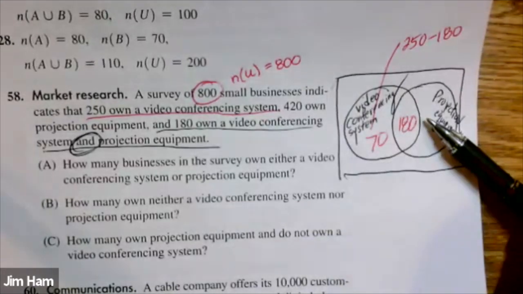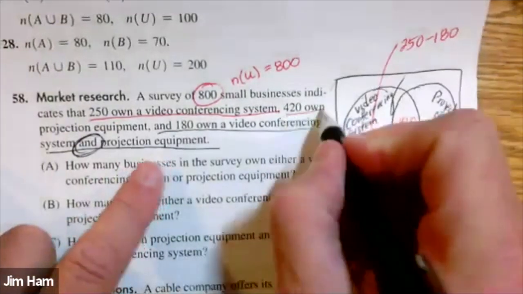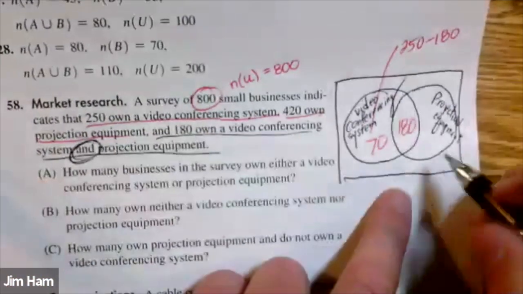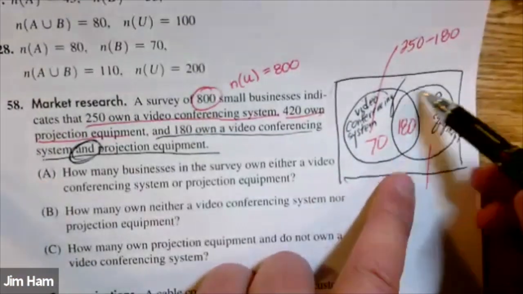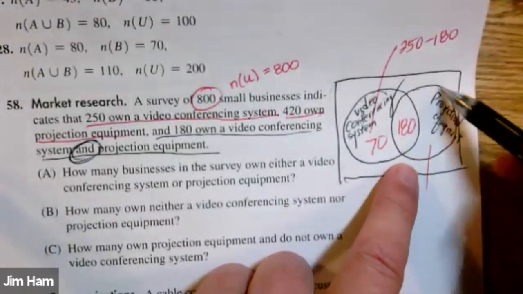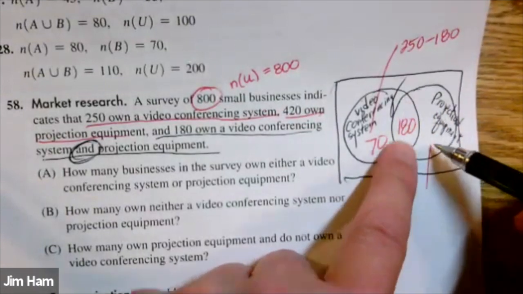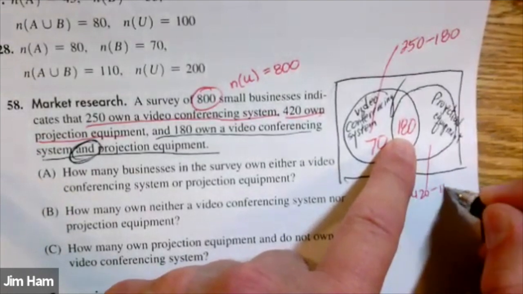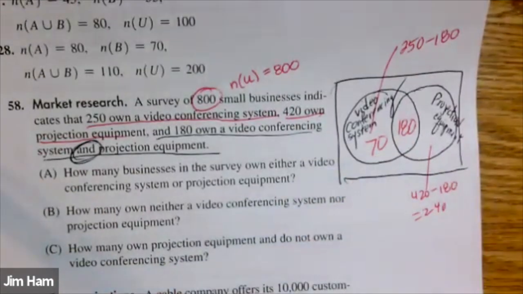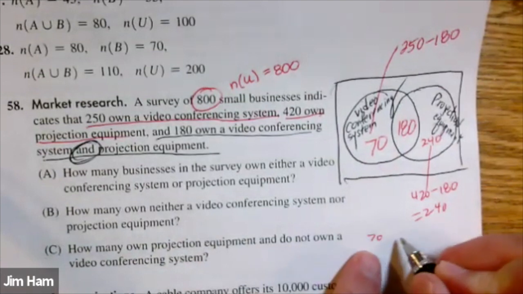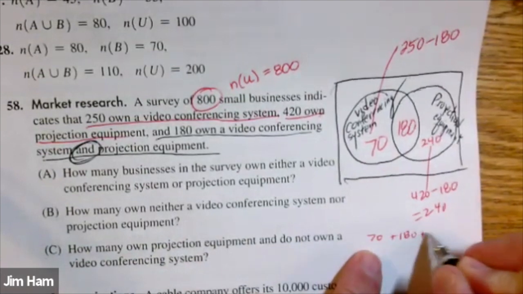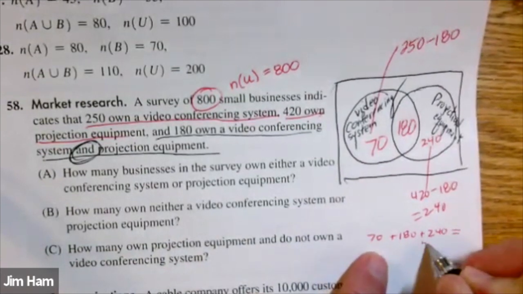You add those two numbers together. All right, and then 420 own the projection equipment. So 420 would be what we get in this whole circle, but we already have 180. So I think that's 240. And then if you add 70 plus 180 plus 240, you get 490.